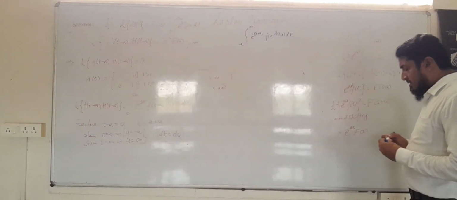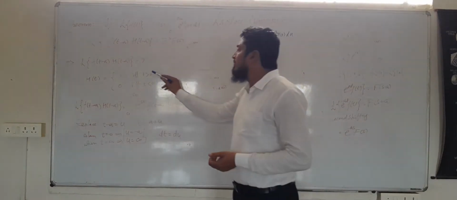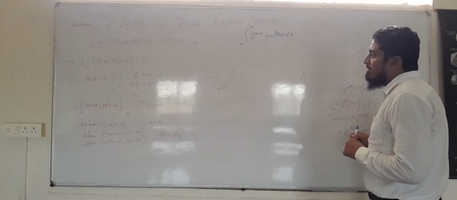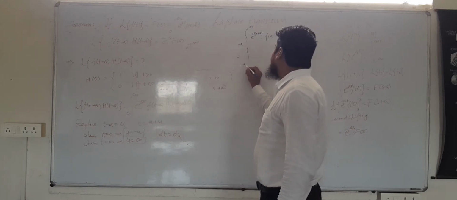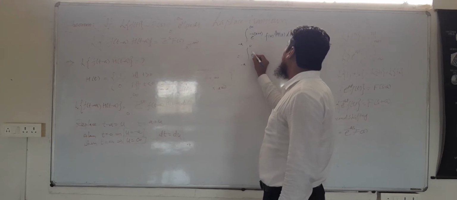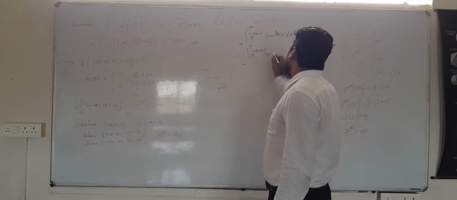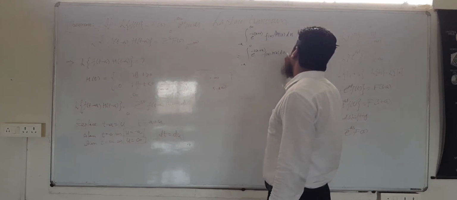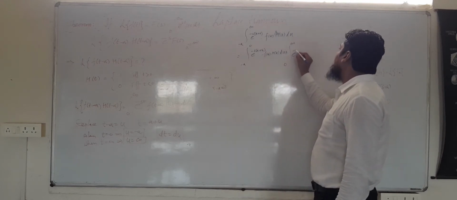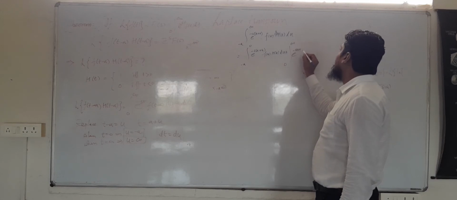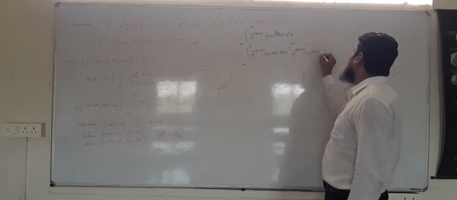Correct? Now we will break this integration into two different integrations, that is, minus a to 0 of e raised to minus s(a plus u) f(u) h(u) du, plus the integration from 0 to infinity of e raised to minus s(a plus u) f(u) h(u) du.